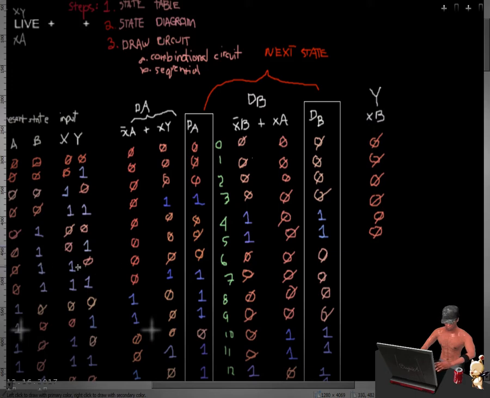It's 1 and 1. Now it becomes 1, and that's 6. Then we go to 7. It's 1, 1 again.